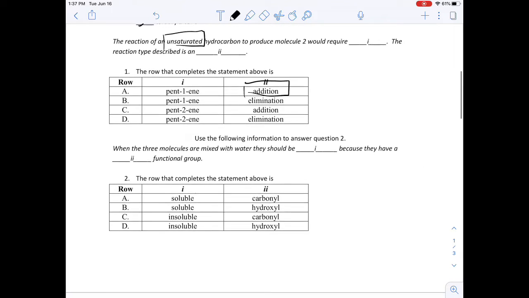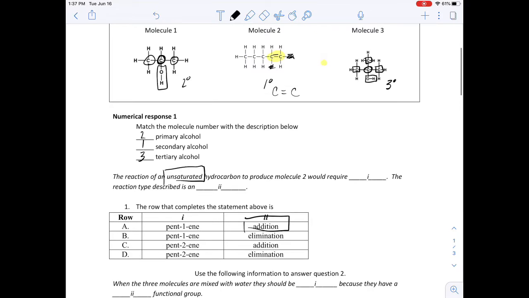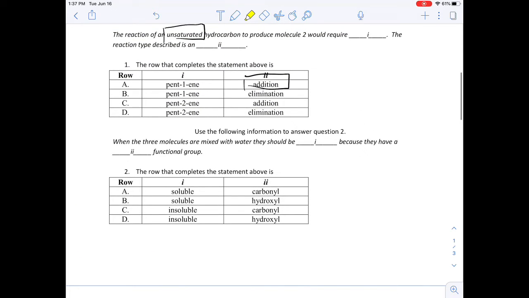The next question says, when three molecules are mixed with water, well, all of these should be quite soluble because the hydroxyl group that we've got on these is very soluble in water. It has hydrogen bonding, and these are relatively small molecules, so they should be soluble in water because they have a hydroxyl group.